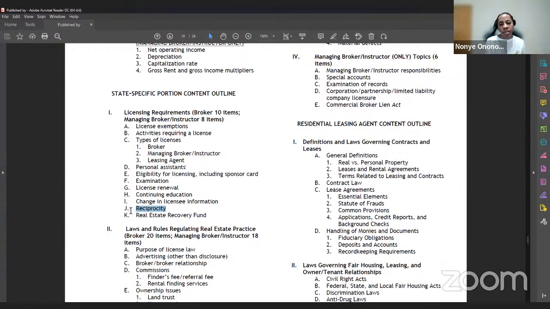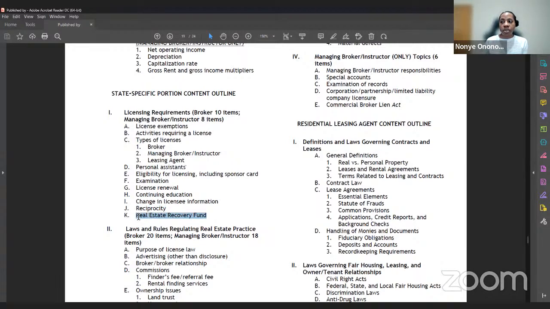Then for Illinois, you take the state exam only, the state portion only, and then apply for your license. You can do this on the managing broker level and also on the broker level. So whichever license you have in your home state, you can then transfer that over to Illinois.